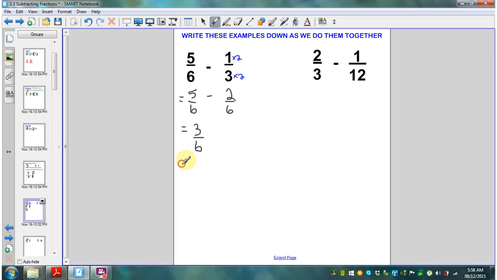What's our final step? To see if we can simplify. Can we divide 3 and 6 by the same number? Well, yes, 3 can be divided by 3. And 6 can also be divided by 3.